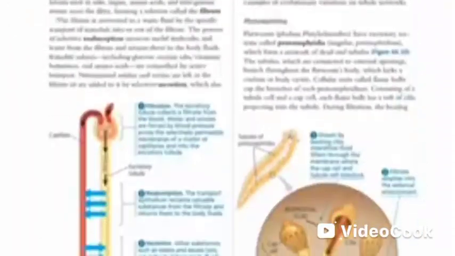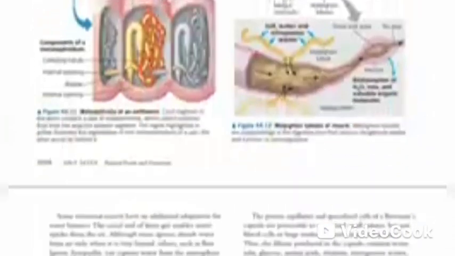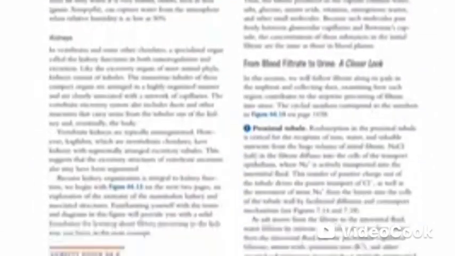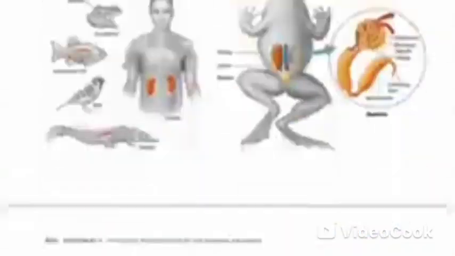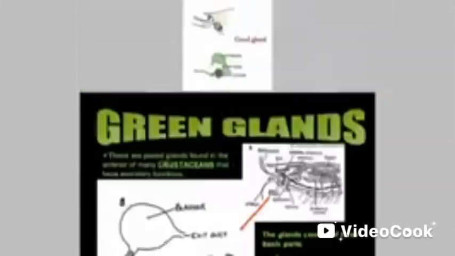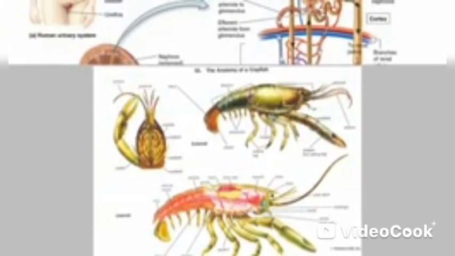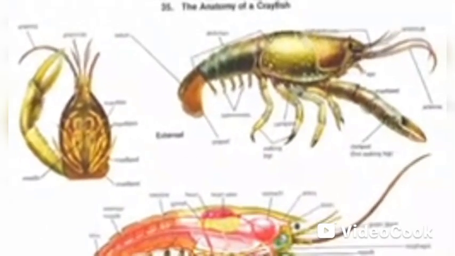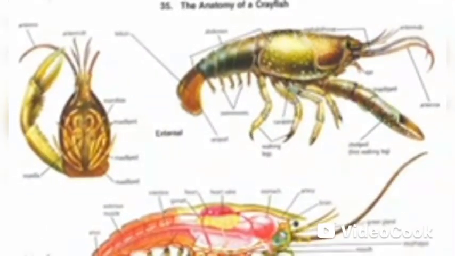Now we are discussing the green gland or the antennal gland. Okay, see the anatomy of crayfish.